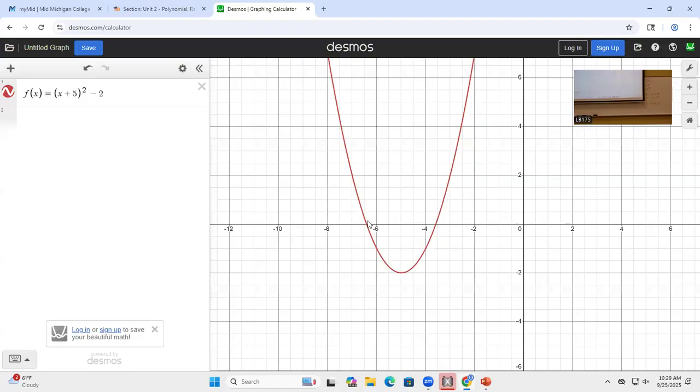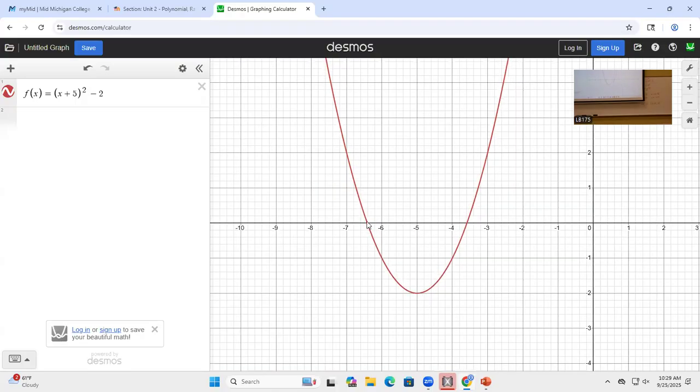Again, I'm doing this on Desmos because it's a little bit easier to project, but you could have done this just as easily on your graphing calculator too. Make sense? Good.